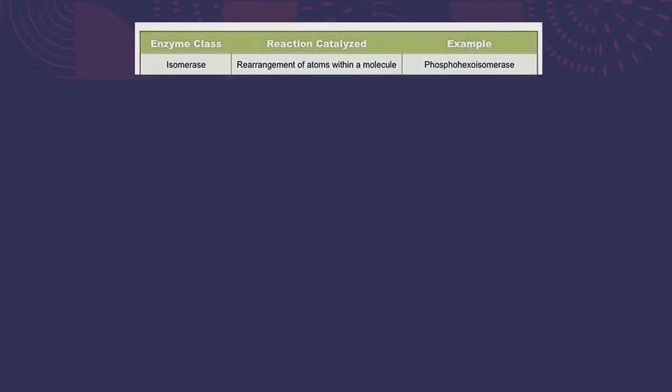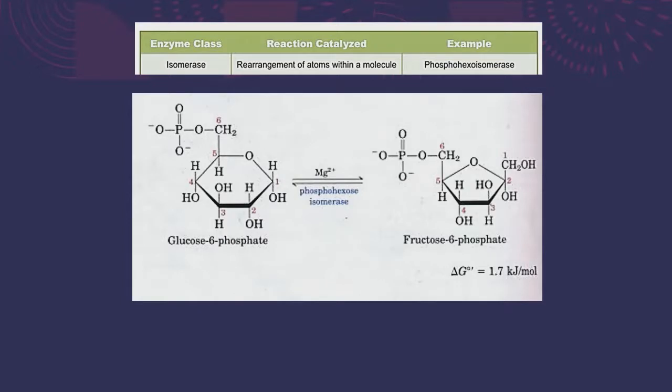Another type of enzyme group is called isomerase. An example of this is phosphohexoisomerase. This type of enzyme rearranges atoms within a molecule. So we have an example here.